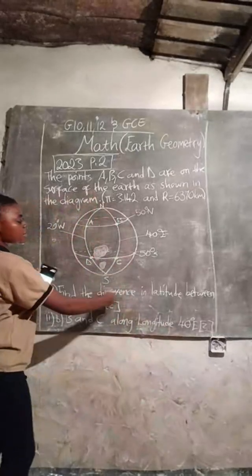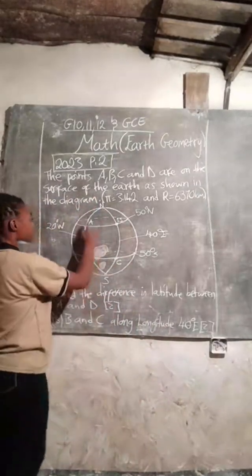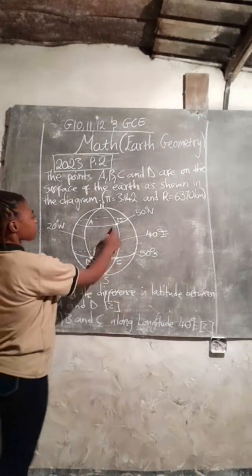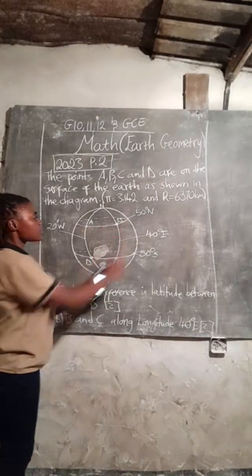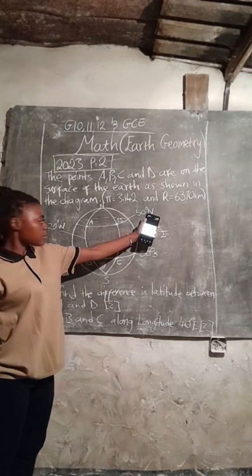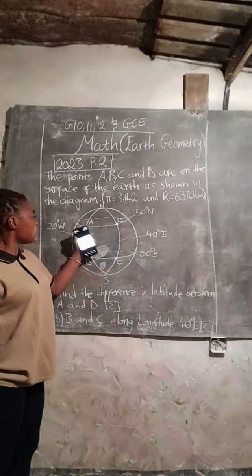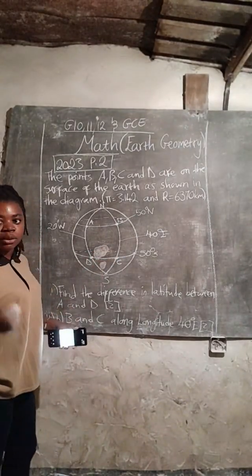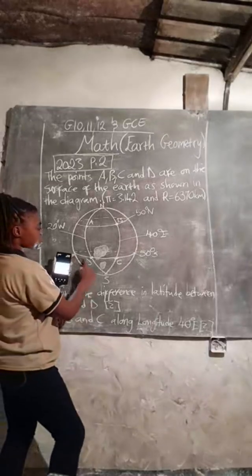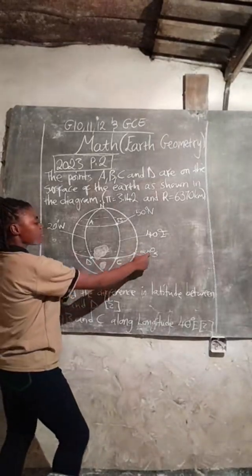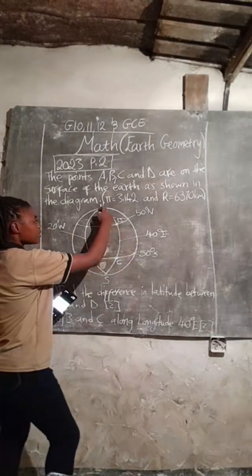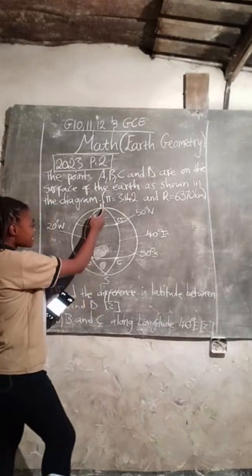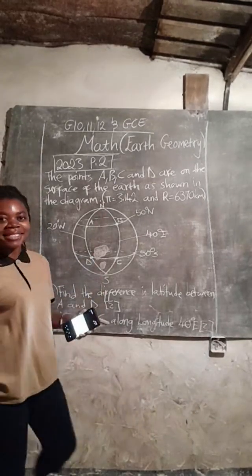This is the surface of the earth with points A, B, C and D. Points A and B are sitting on latitude 50 degrees north, and points C and D on 50 degrees south. This meridian is at 40 degrees east, and this one at 20 degrees west.